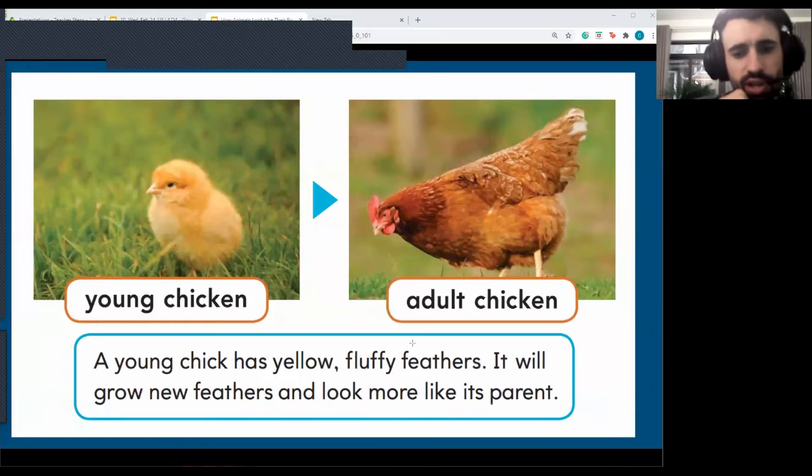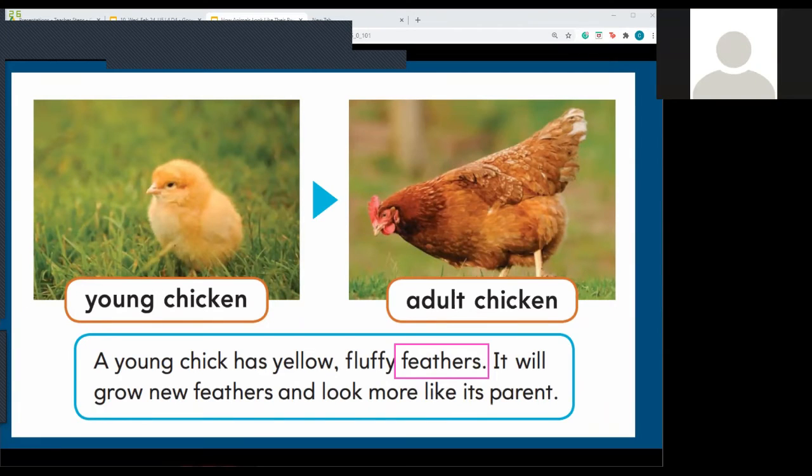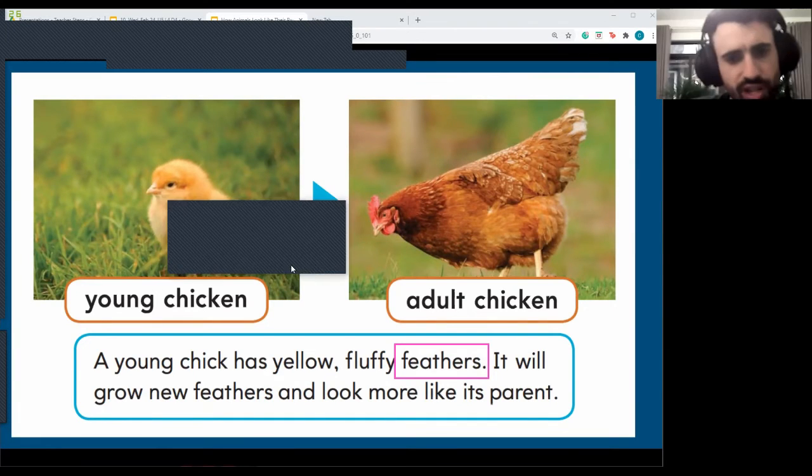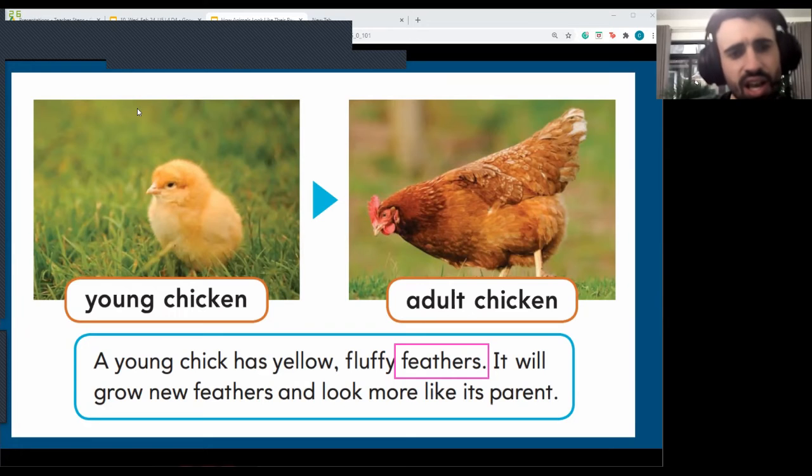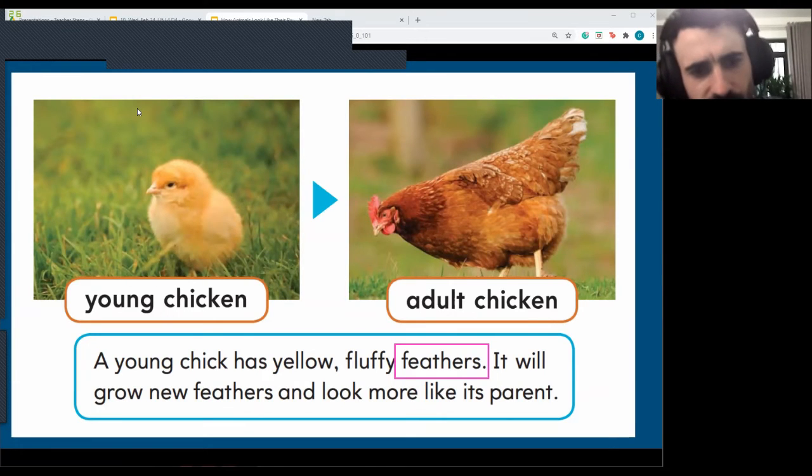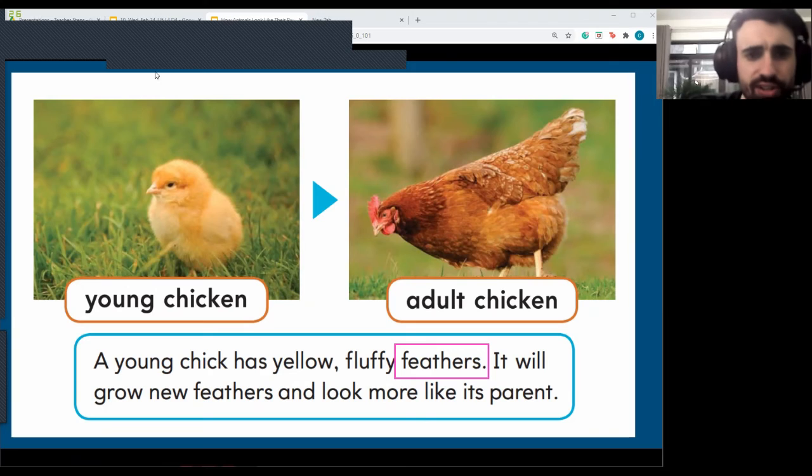Let's read the sentence a little bit. It's right here. Can you read this word for me? Feathers. They're covered in feathers. Both the young chick and the adult chicken are covered in feathers.